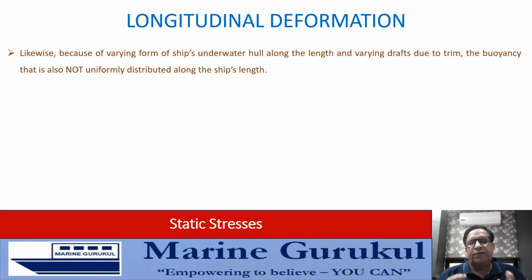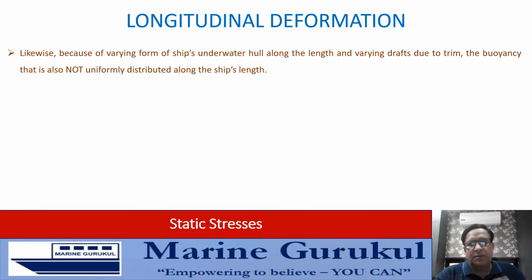because of the varying form of the underwater hull, the buoyancy contribution from each portion of the ship along its length is not going to be the same. In the GA plan, we have seen that the ship's bow, that is the forward part, has a different structure.